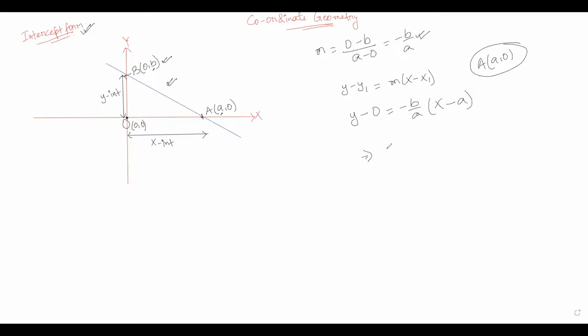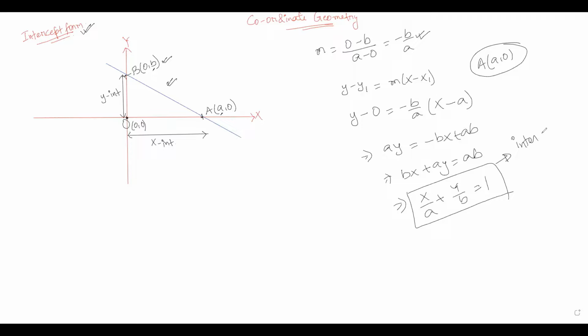So, if we rearrange, this would be ay would be equal to minus bx plus ab, or bx plus ay would be equal to ab. Now, if we divide ab on both sides, this would be x by a plus y by b would be equal to 1. This is called as the equation of straight line in the intercept form, where a is the x-intercept and b is the y-intercept. So, if we know the x and y-intercept of a line, we can directly use this form to write the equation of the line.